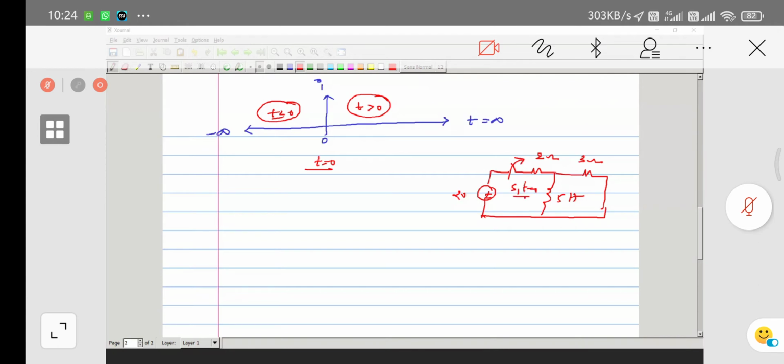This t equal to 0 is called the switching instant.